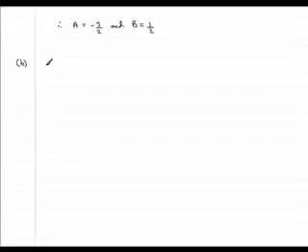So let's just have a look now. So we have (3x minus 1) over (1 minus 2x) all squared. And we've seen that this is identical to a over (1 minus 2x).